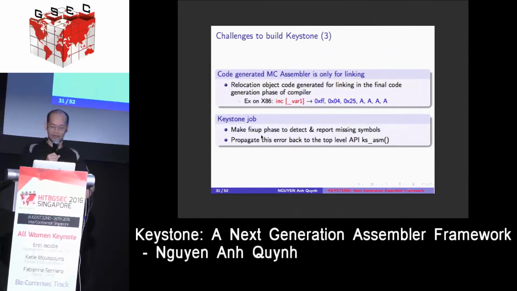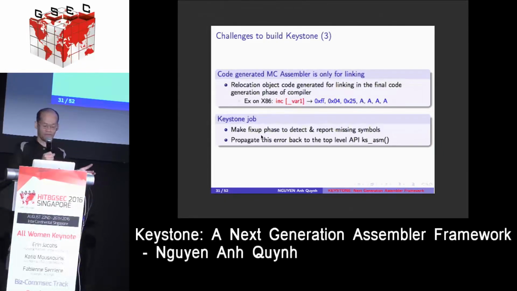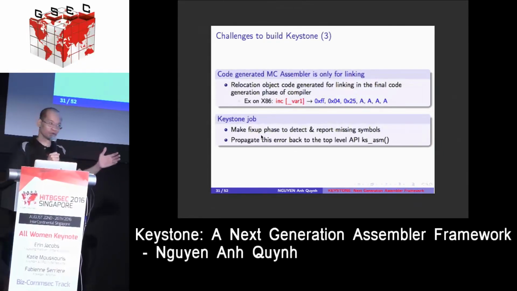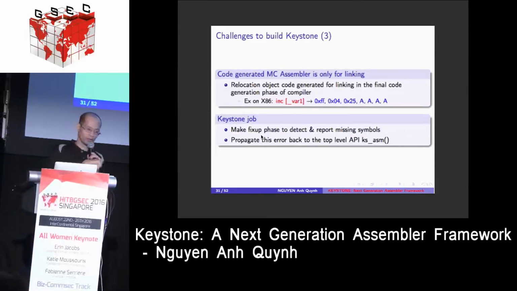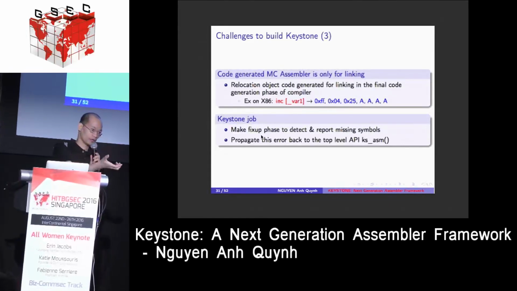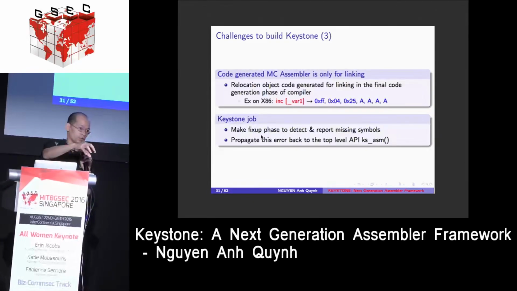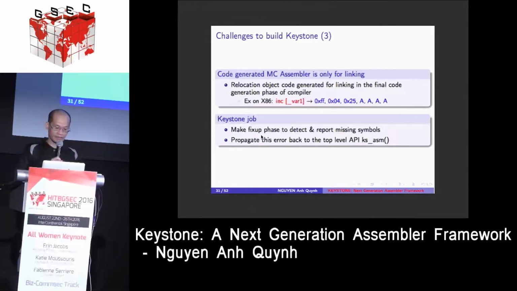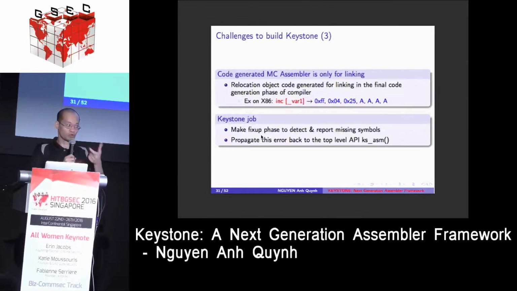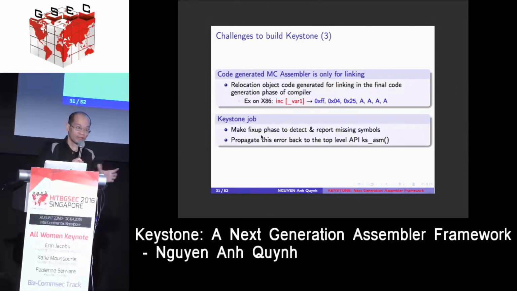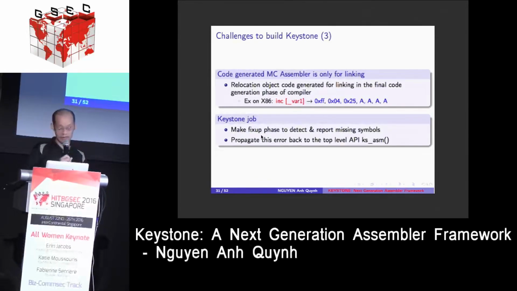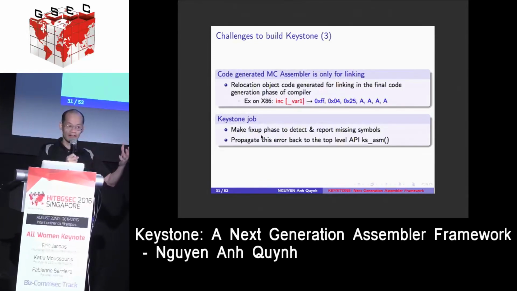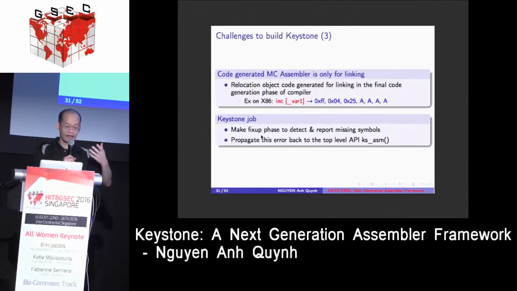The next issue is that the assembler is not a final stage in the toolchain of a compiler. Usually you compile code using the assembler, and after that the output object will be sent to the linker, right? So the assembler doesn't know if you do not declare some symbol, it doesn't know that the symbol is missing. For example, if you compile that Intel instruction there, but you do not declare var1, the assembler in LLVM doesn't know that.